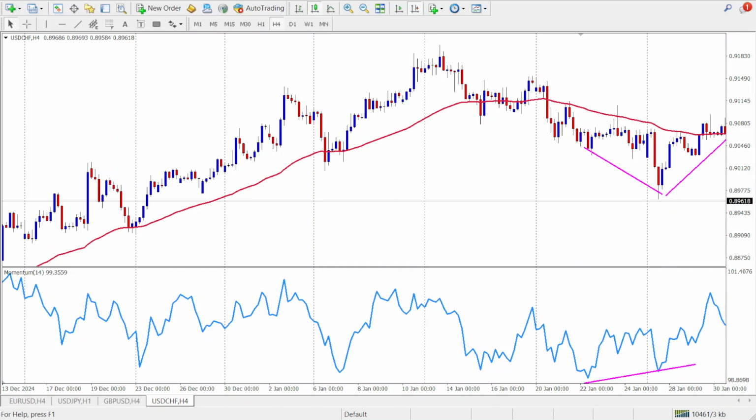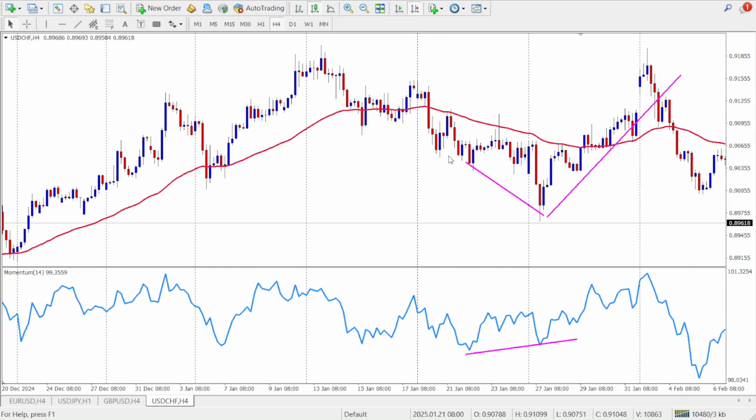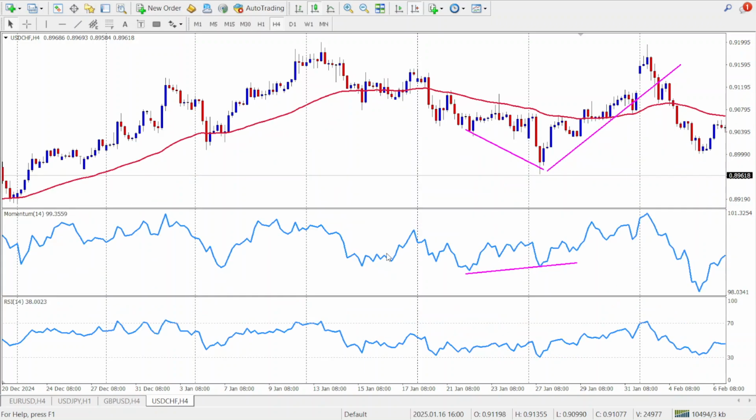Now, to improve accuracy, combine the momentum indicator with other trading tools like moving averages, RSI, support and resistance zones, etc. You can use a moving average to confirm the overall trend direction before entering a trade. You can use the RSI to confirm overbought and oversold conditions.